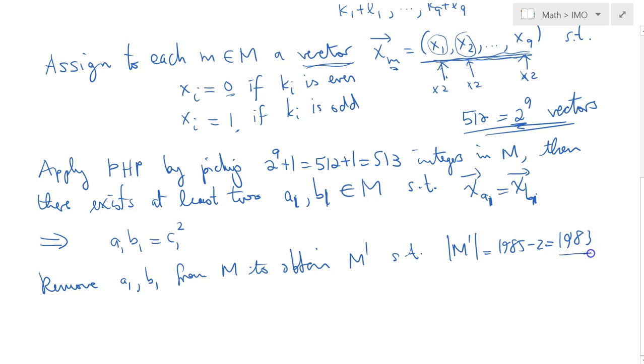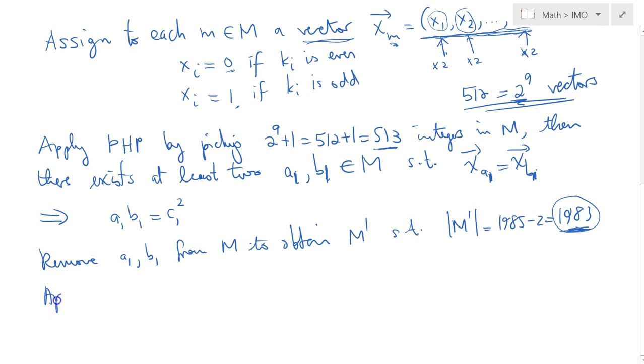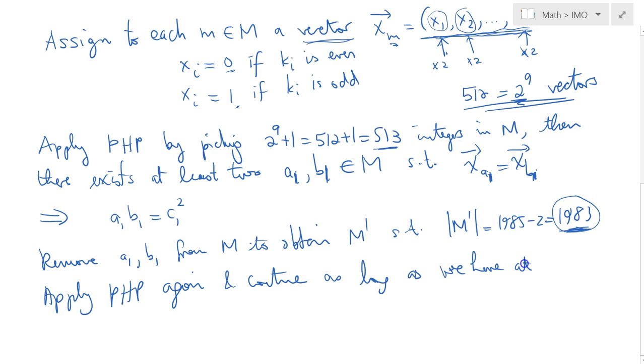And guess what? I have enough elements to apply the pigeonhole principle again, because in order to execute it, I should have at least 513 integers, and I have enough. So I can apply the pigeonhole principle again and continue applying it as long as we have at least 513 elements remaining.